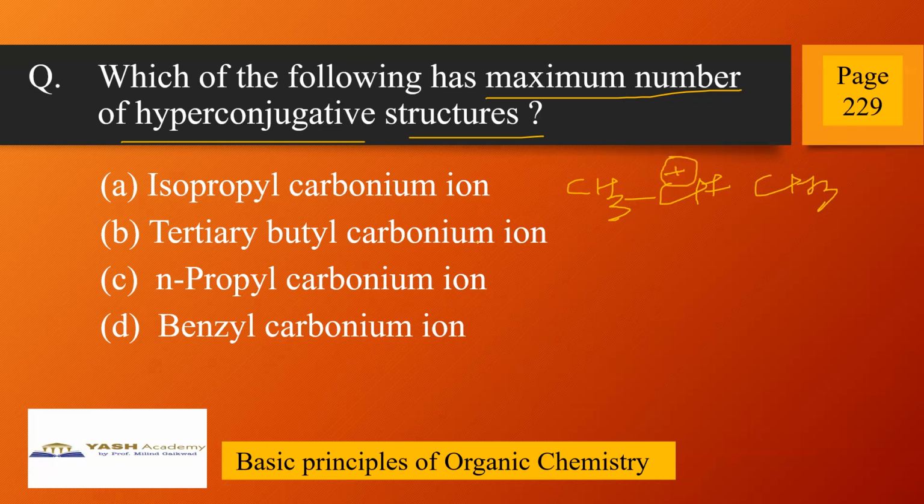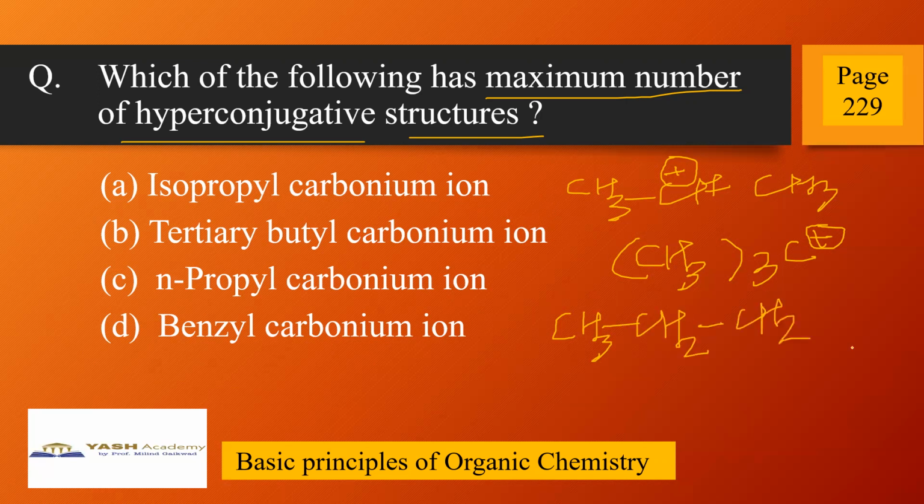Then tertiary butyl carbonium ion, CH3 thrice attached to C. Then N-propyl carbonium ion, CH3, CH2, CH2, where this carbon is positively charged. And benzyl carbonium ion: this is the benzene ring, and here CH2.